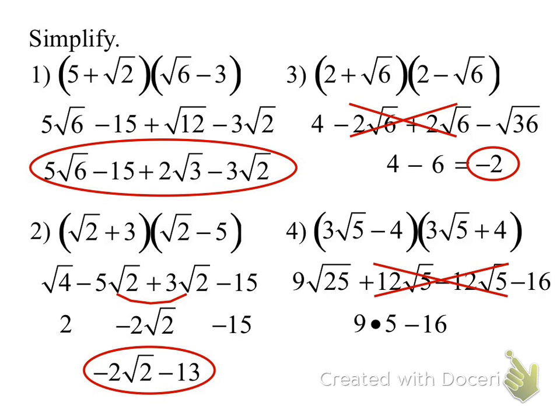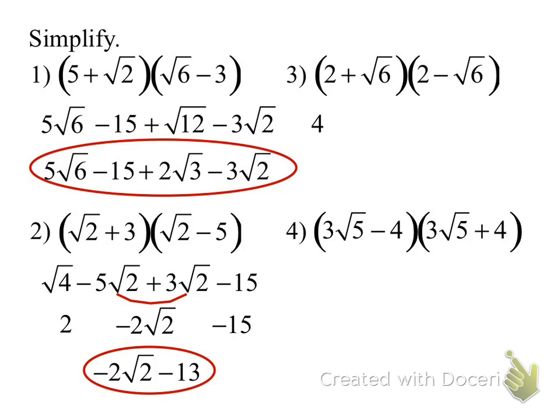Let's take a look at what happens here in 3 because it's a little bit irregular. As I do this, look at my terms. The middle terms cancel out because this is a difference of squares. So then I'm left with 4 minus radical 36. What is radical 36? 6.